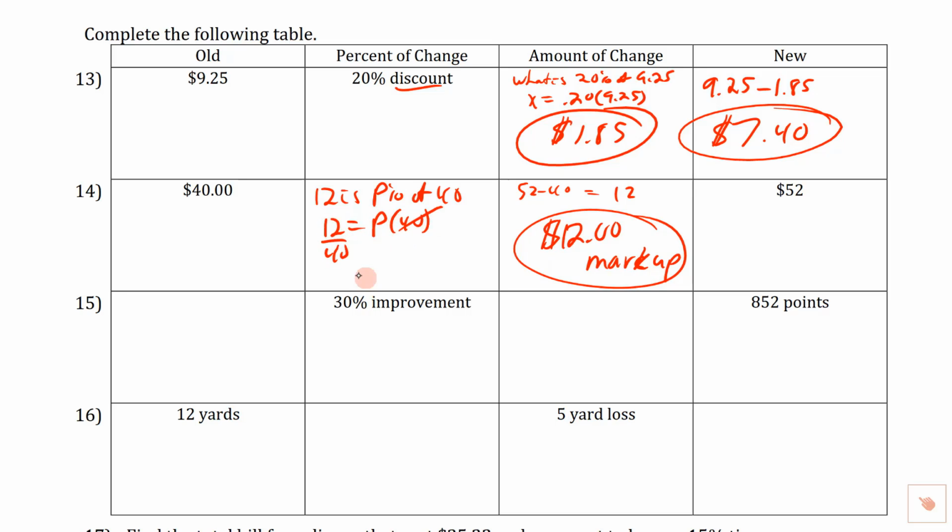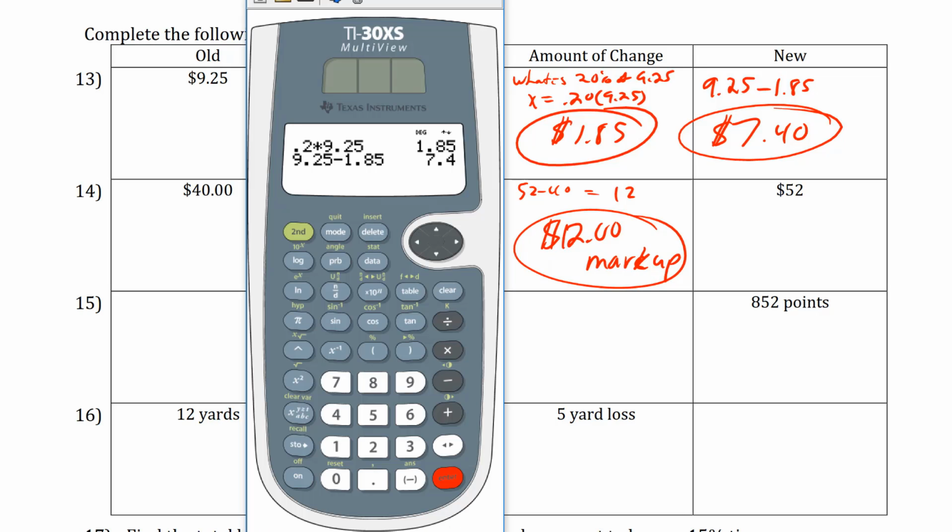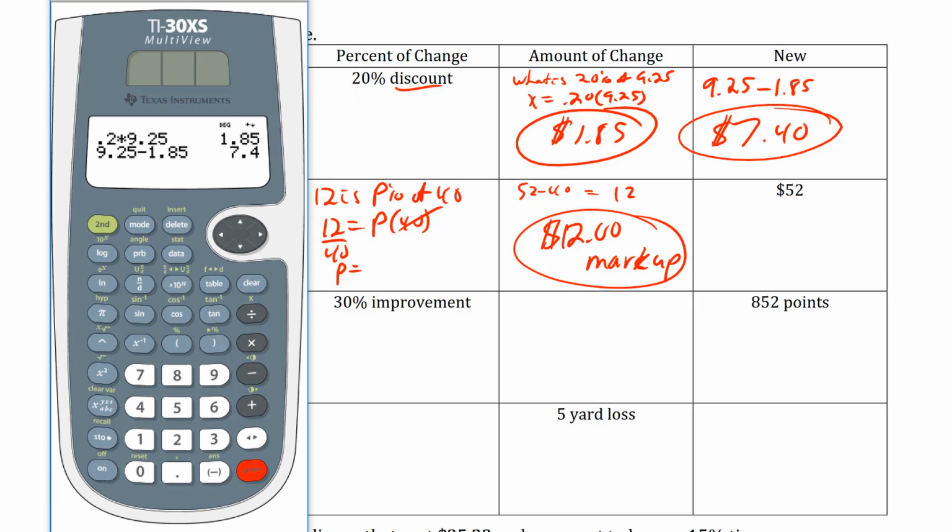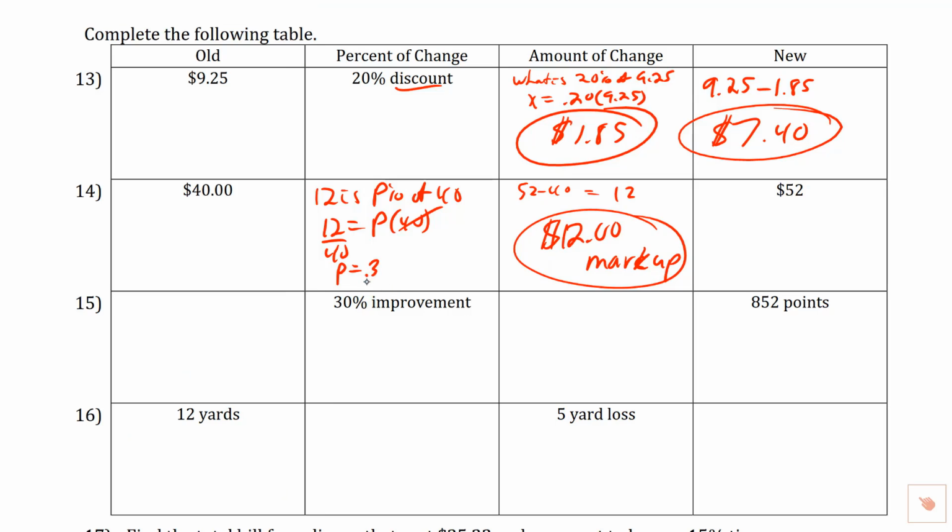We're going to divide by 40, and we're going to get P equals, grab the calculator here. Again, we're doing, let's see, 12 divided by 40. So 12 divided by 40, and we end up with 0.3. So what that means is 0.3, that's a percent, move it over to get 30%, markup. 30% markup. Okay, or an increase of 30%.